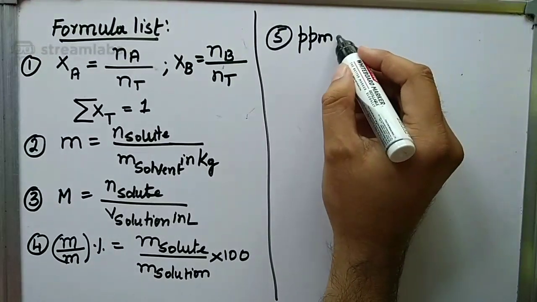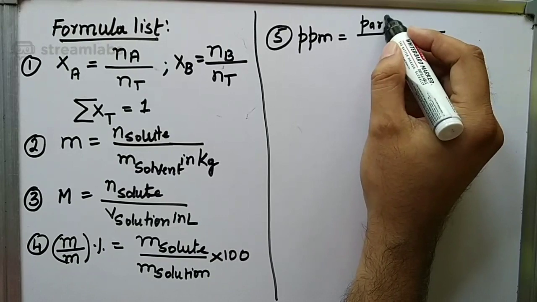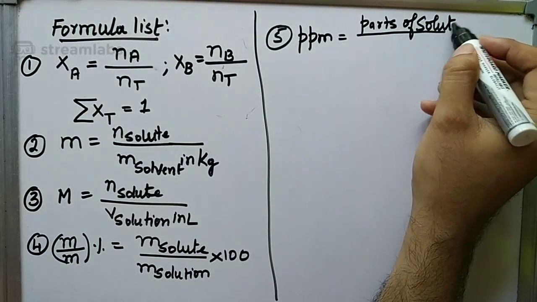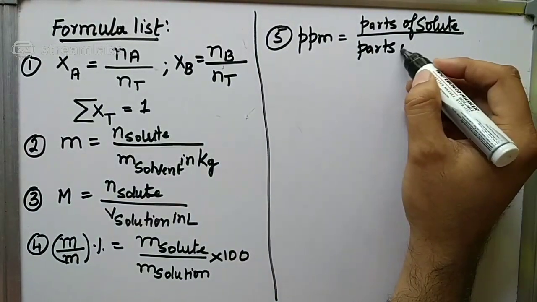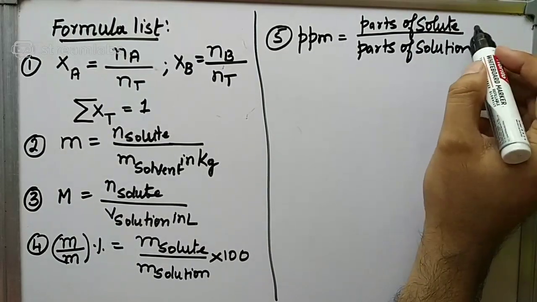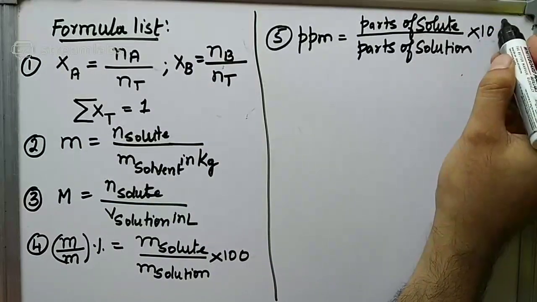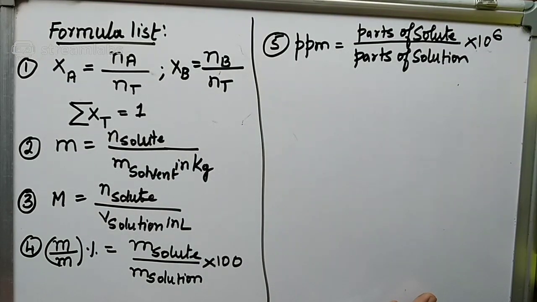This is equal to parts of solute divided by parts of solution, whole multiplied by 10 to the power of 6.